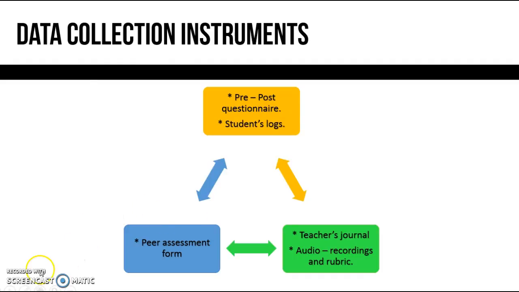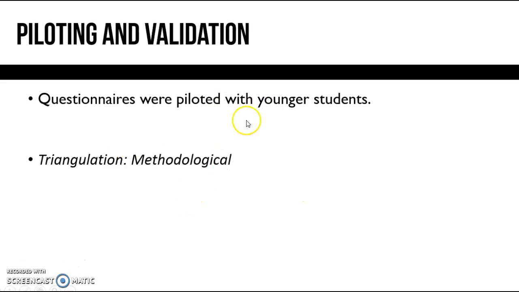Okay, finally, for the piloting of the instruments, the questionnaires were piloted with younger students from the 8th grade, mainly to check if the questions are understandable for the students, if the terms used are appropriate for their age.